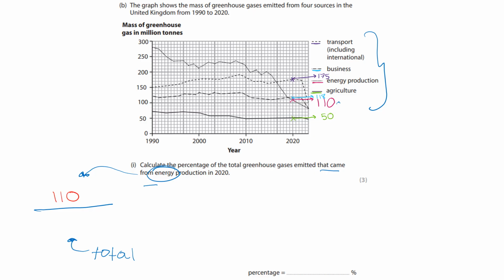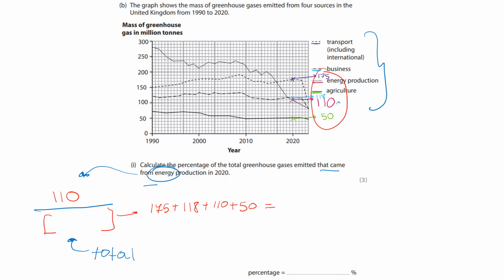And then we are going to have to add all these numbers together. So this is going to be 175 plus 118 plus 110 plus 50. Let's put that up in the calculator.